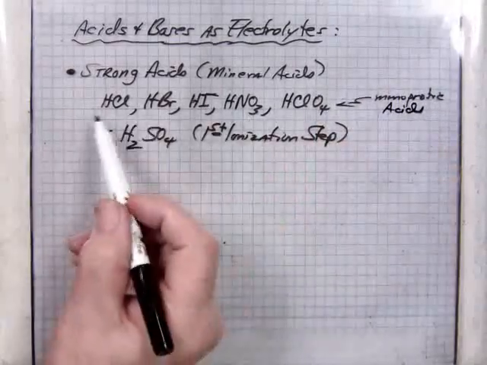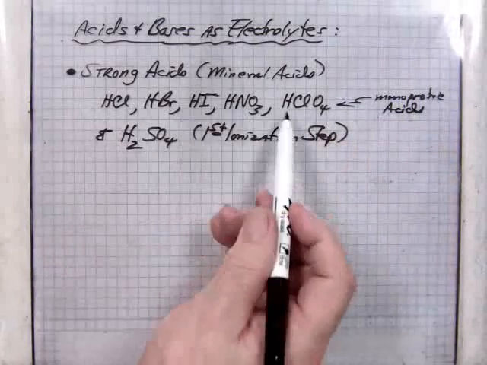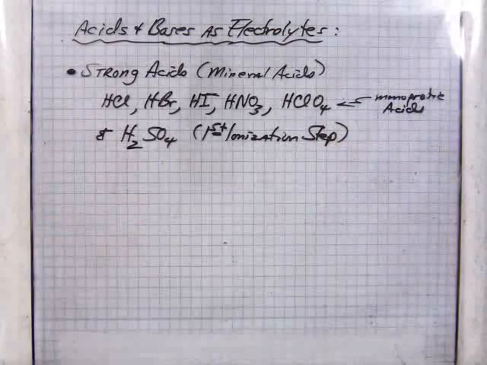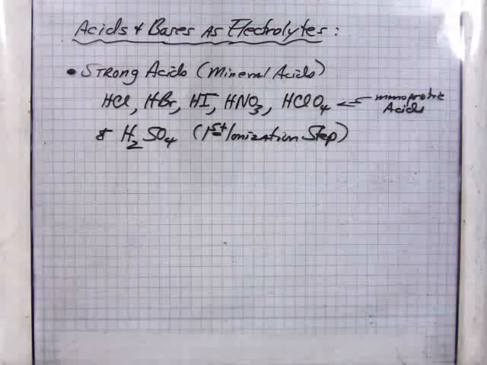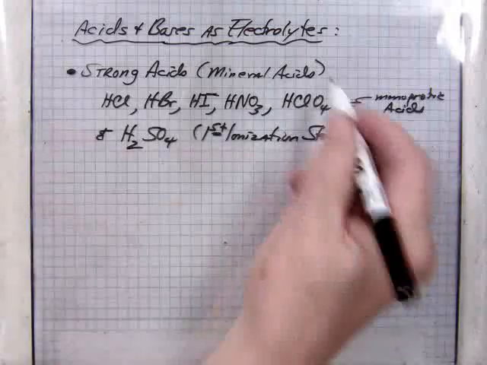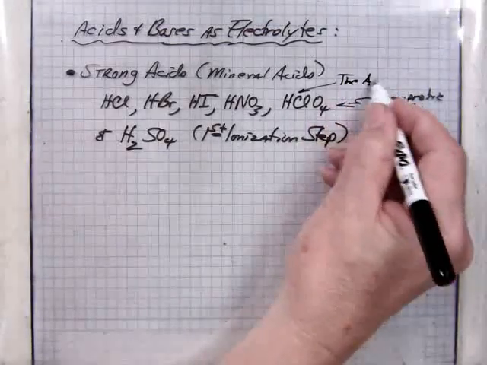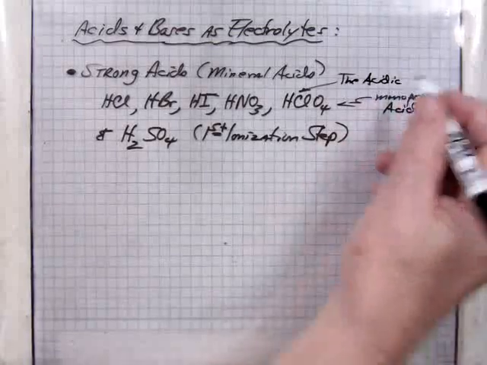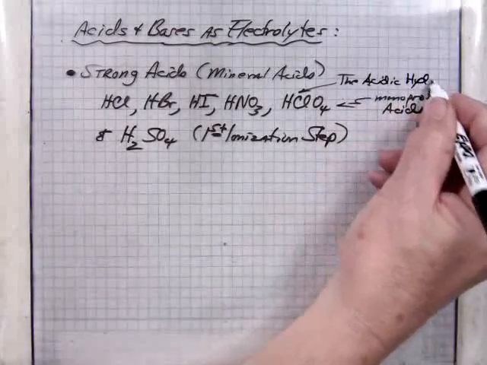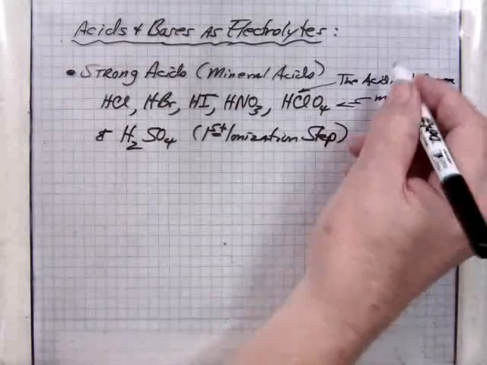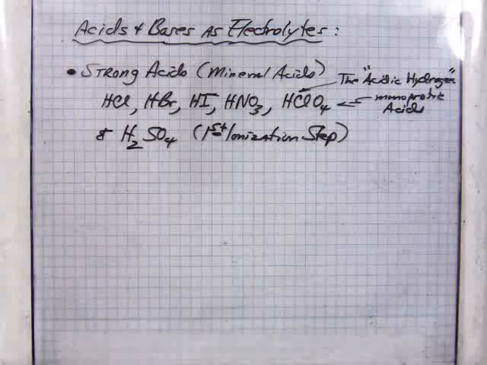And this hydrogen in the formula that I'm showing you will, when placed into water, break away from the remainder of the molecule and be what we call the acidic hydrogen. Now, hydrogen does not float around by itself. Hydrogen as an ion, H plus, is a proton. Well, you don't find that.